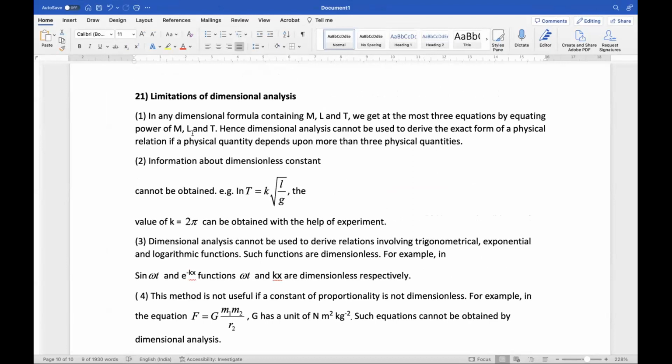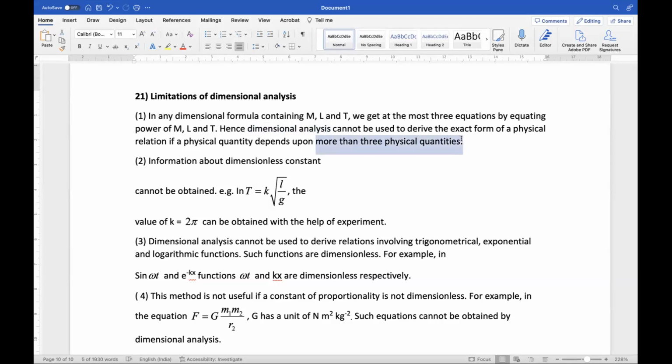So the number of unknowns is equal to the number of equations that you can write. Hence, the method of dimensional analysis cannot be used to derive the exact physical form of any physical quantity that depends on more than 3 physical quantities.